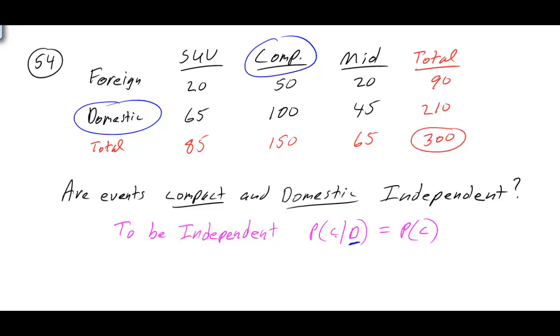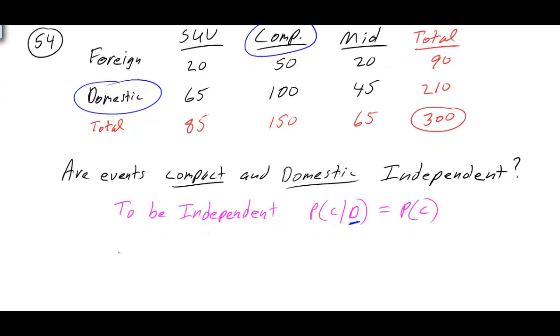So if we look at this example, what is the probability of a compact given that it is domestic? Well, that means we need to look at the probability of compact and domestic divided by the probability of domestic.